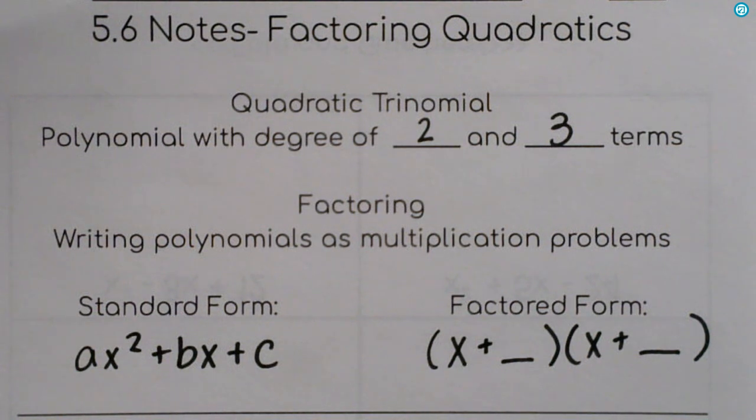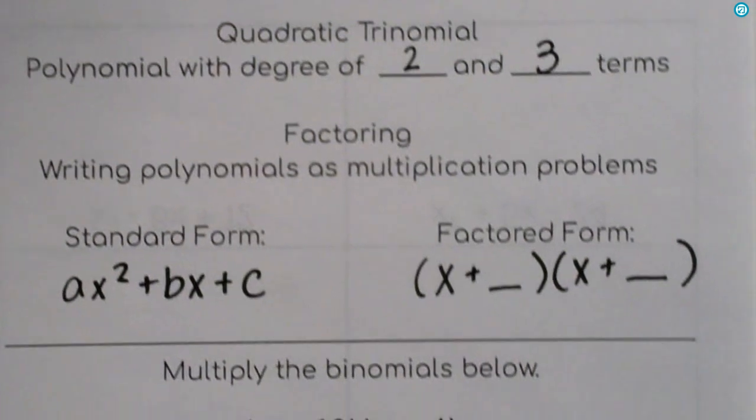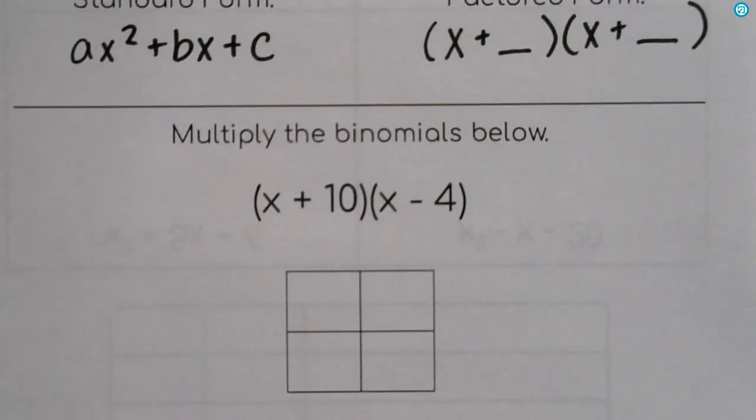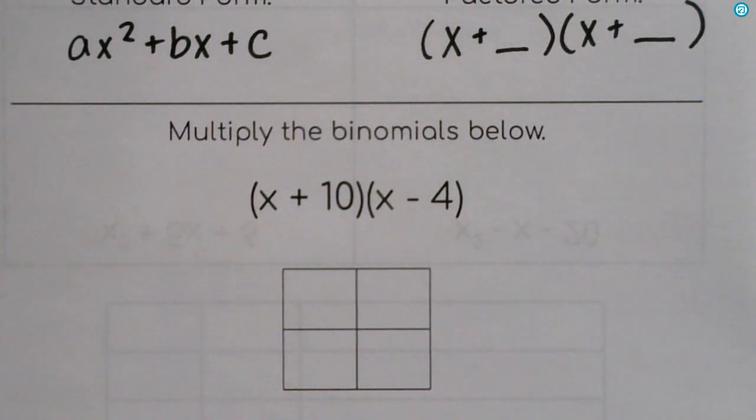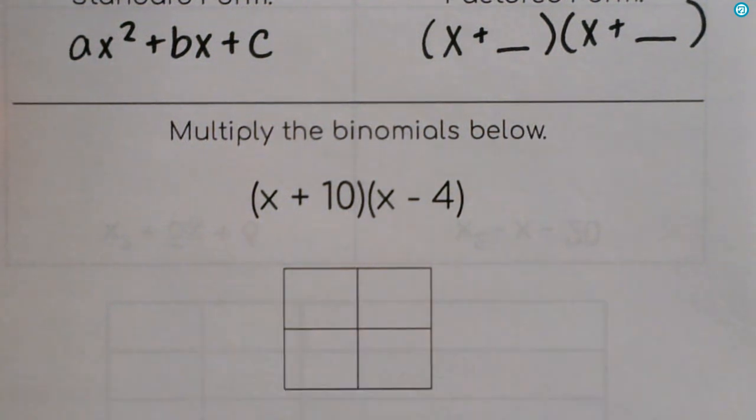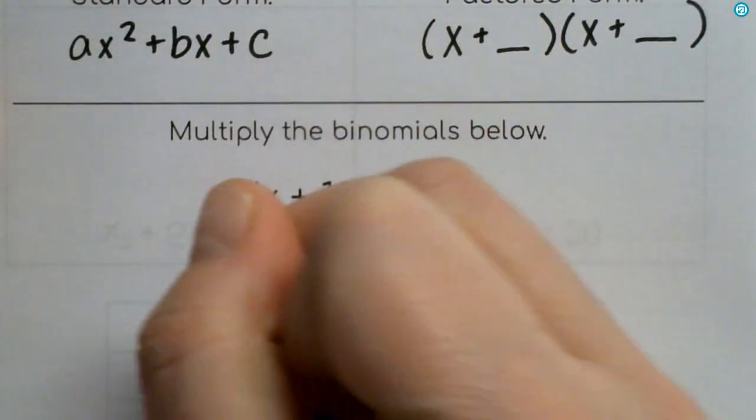Okay, before we get into factoring, I want to show you why this works with something we've already done before. So we already multiplied binomials by binomials. I want to show you one of these and what we're doing essentially. So I'm going to take this x plus 10 and put it on the left side.